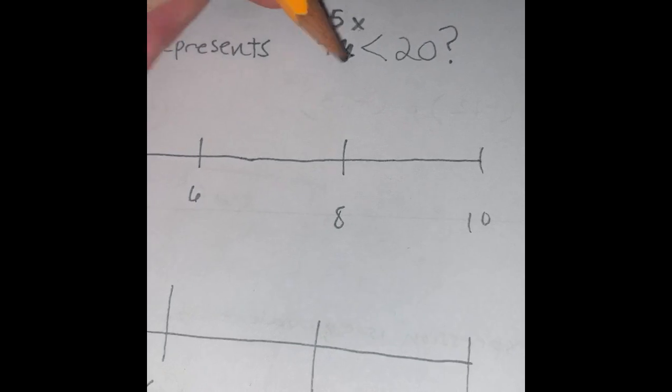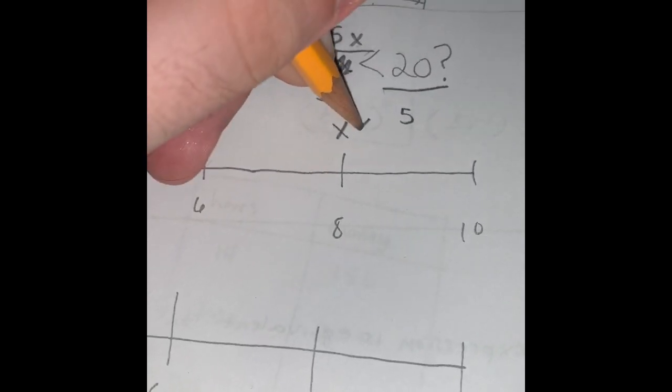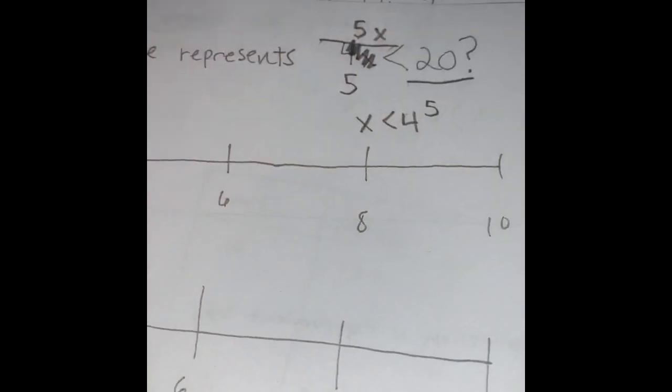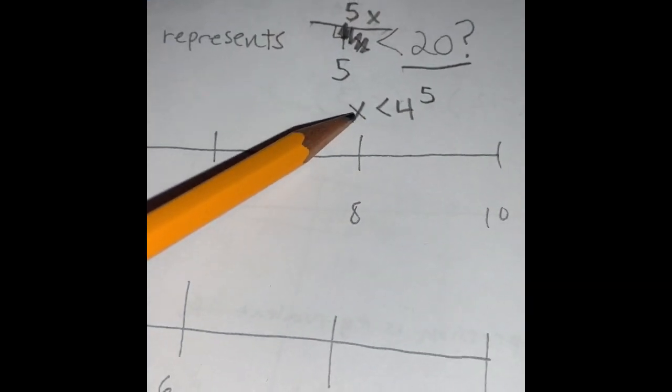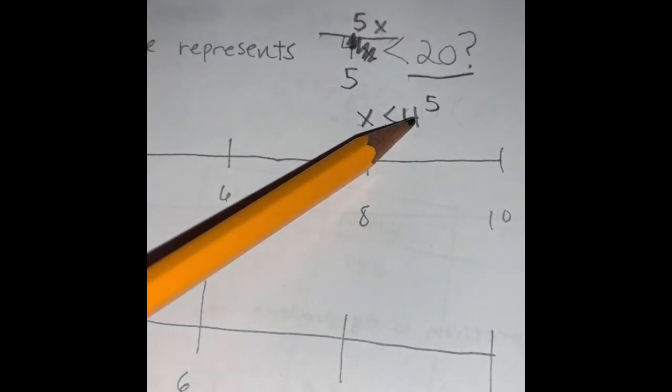That's going to be with division. So I'm going to divide this side by 5, and what I do to this side, I have to do to this side. So 5x divided by 5 will just leave me with x, and 20 divided by 5 will leave me with 4. So what I'm left with is x is less than 4.